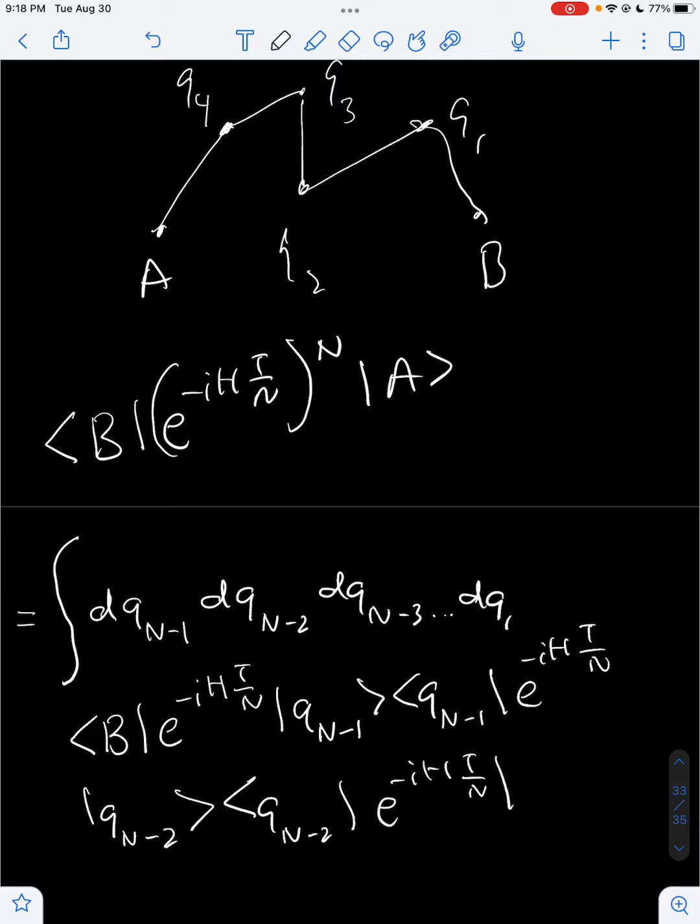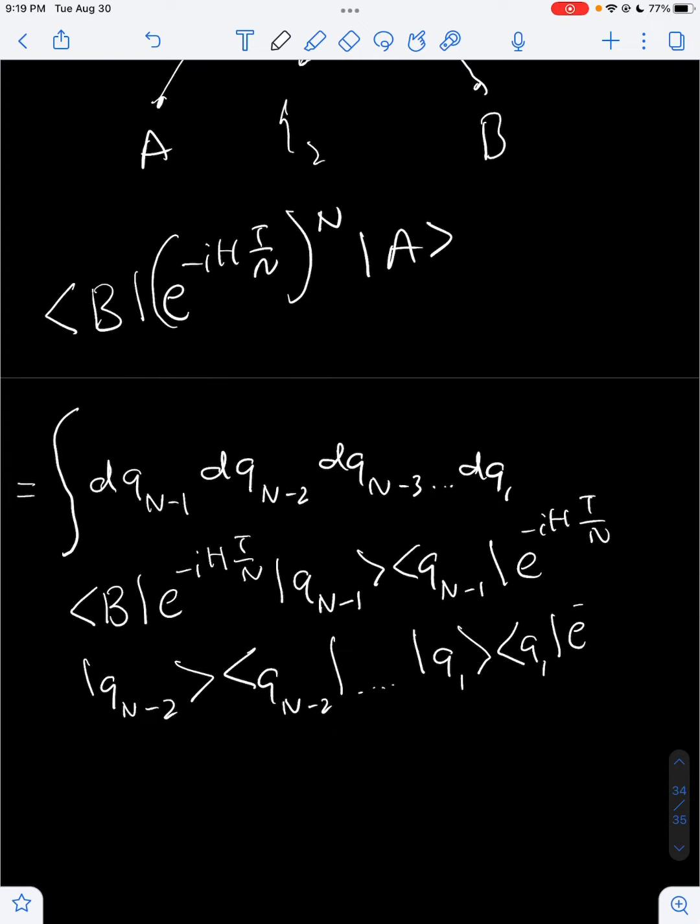Let's just do, I don't want to write too much. Then up to q1. So q n minus 2, and then dot dot dot up to q1, times q1, e to the minus iHt over n times a.